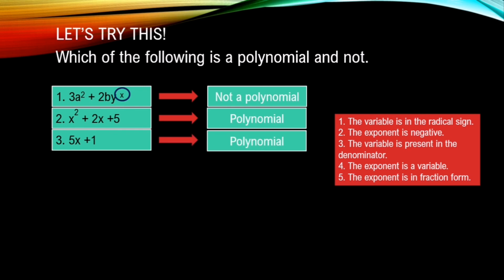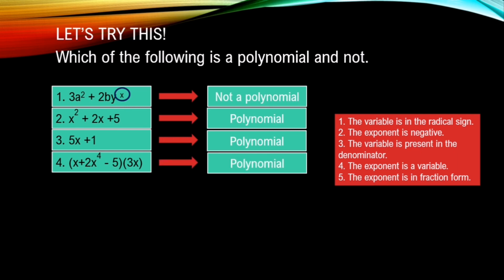None. So the given is a polynomial. Number 4, given x plus 2x to the power of 4 minus 5 times 3x. Is there a statement that tells us it is not a polynomial? None. So the given is a polynomial.